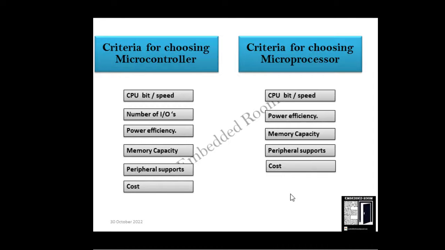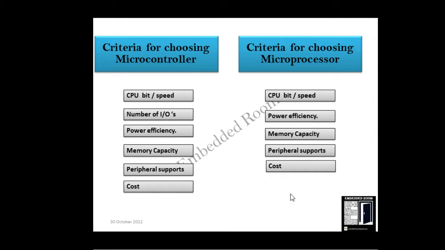Whether it is an 8-bit, 16-bit or 32-bit microcontroller or microprocessor, it affects efficiency. If the bit width is increased, speed also increases in both cases.